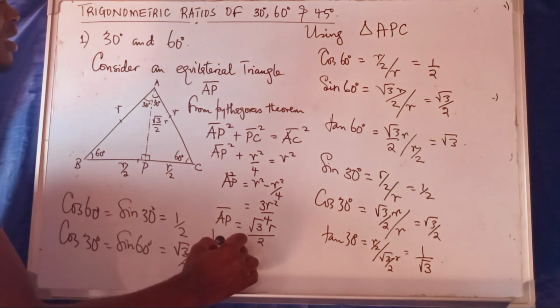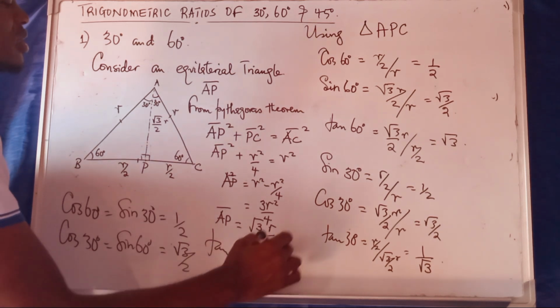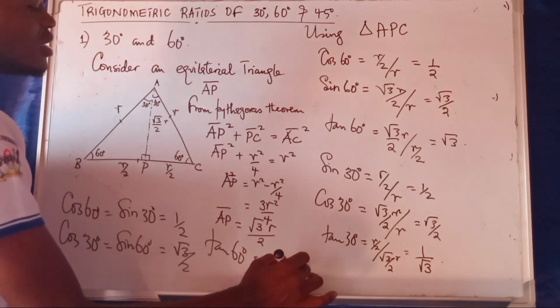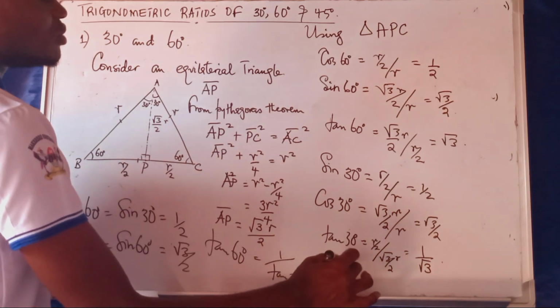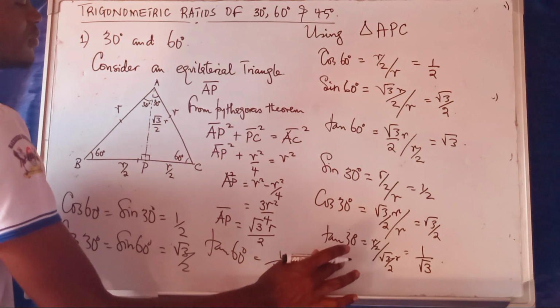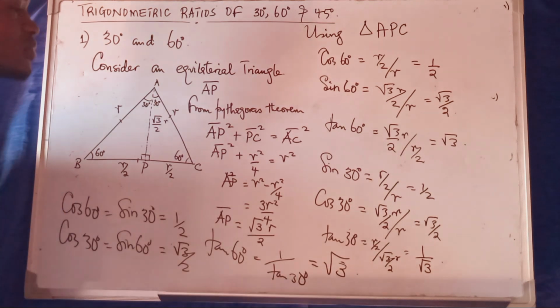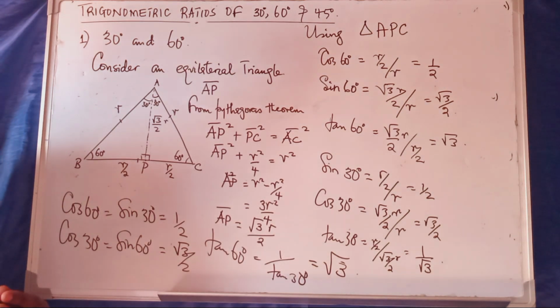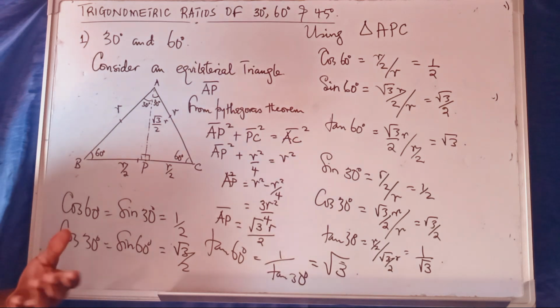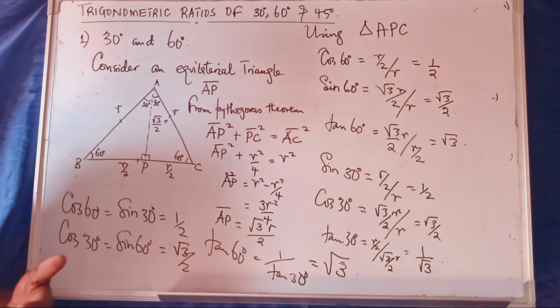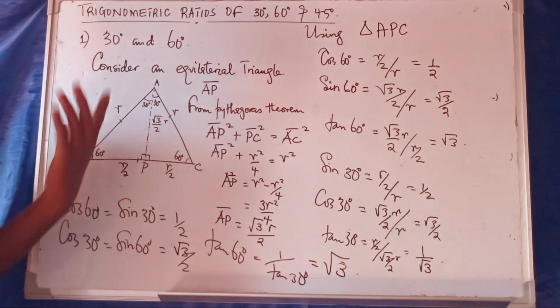And tan 60 is always equal to 1 over tan 30 and is equal to root 3. Basically, those are the known trigonometric ratios of 30 and 60.